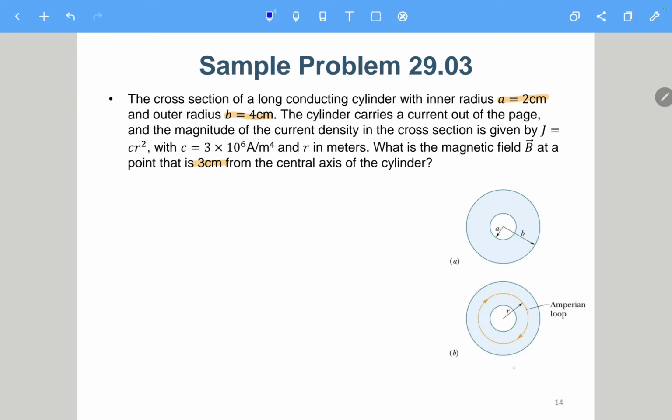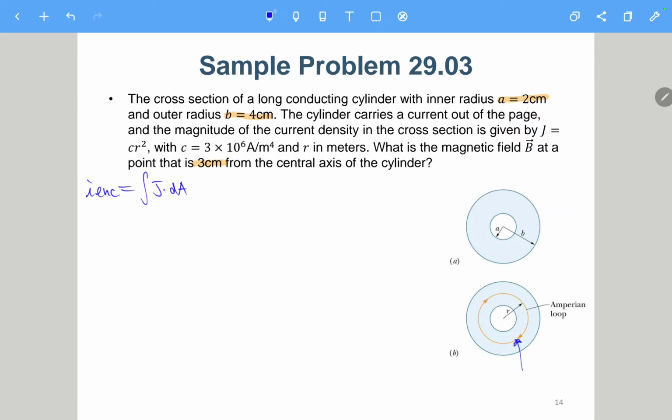Which means that the Amperian loop is in the middle. So let's consider what is I enclosed. I enclosed should be the integration of J dot dA. We don't have a circle here because it is not a closed surface.